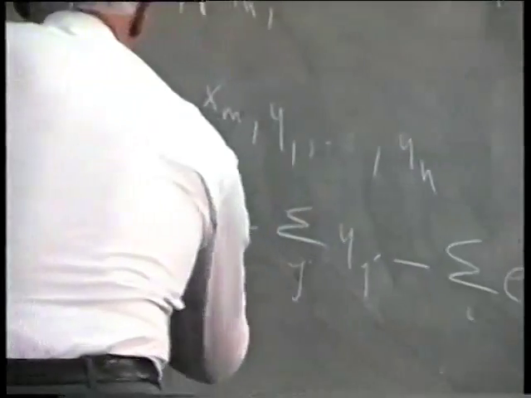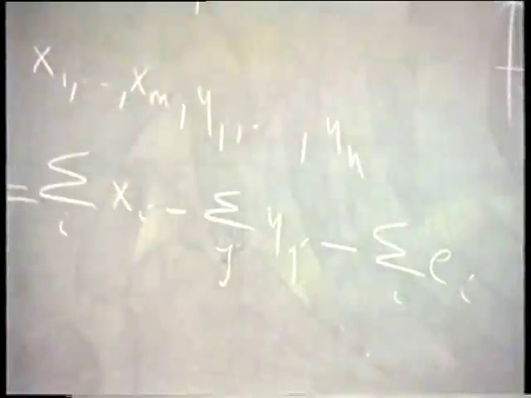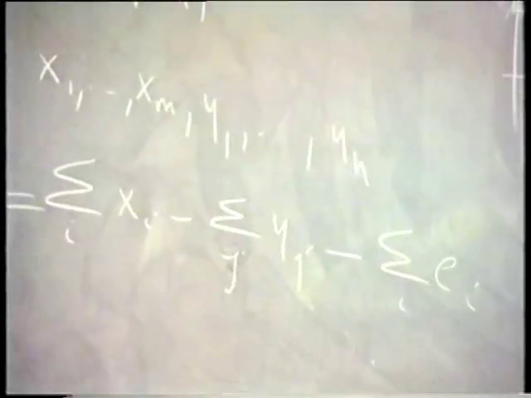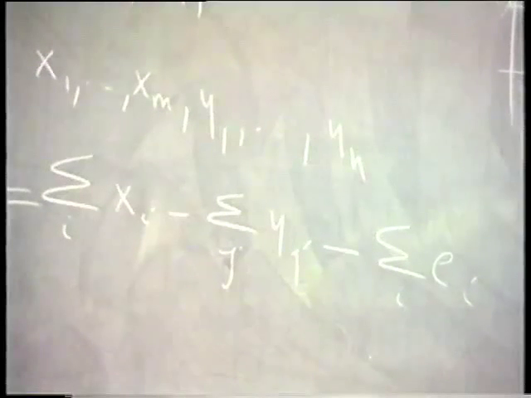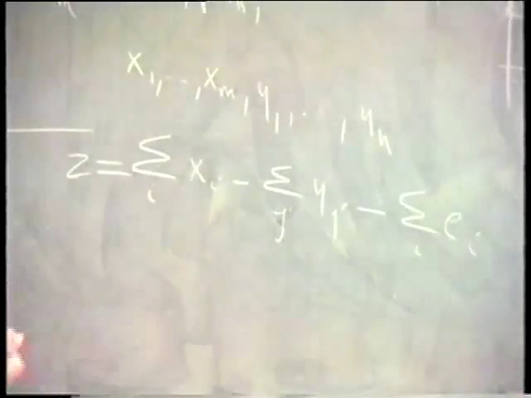Call this vector z. What is the role of a good price setter, of a price board? It is to reduce this aggregate excess demand, to drive it to zero somehow by a wise choice of prices.